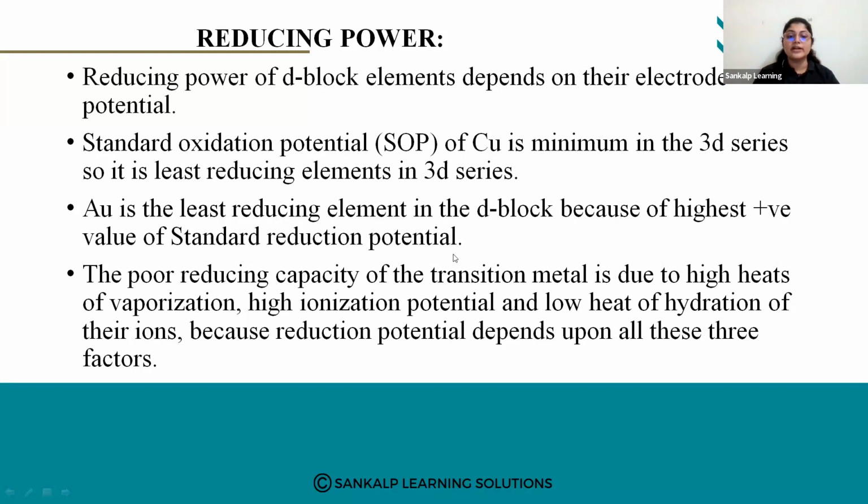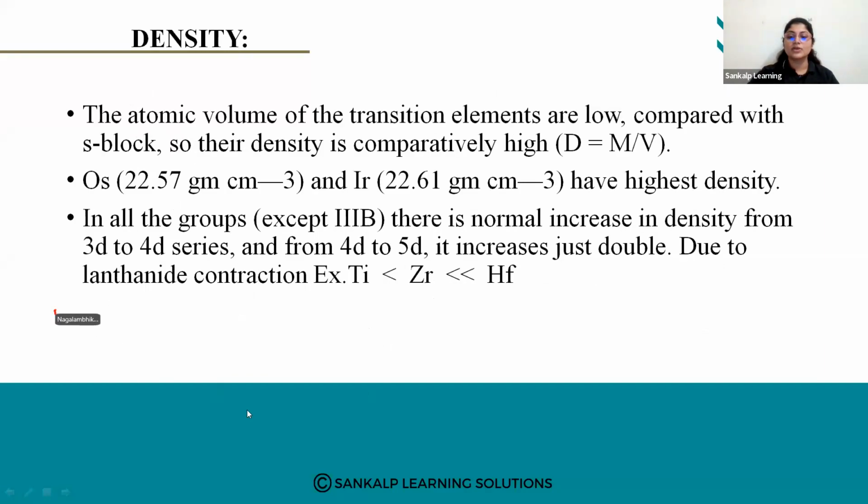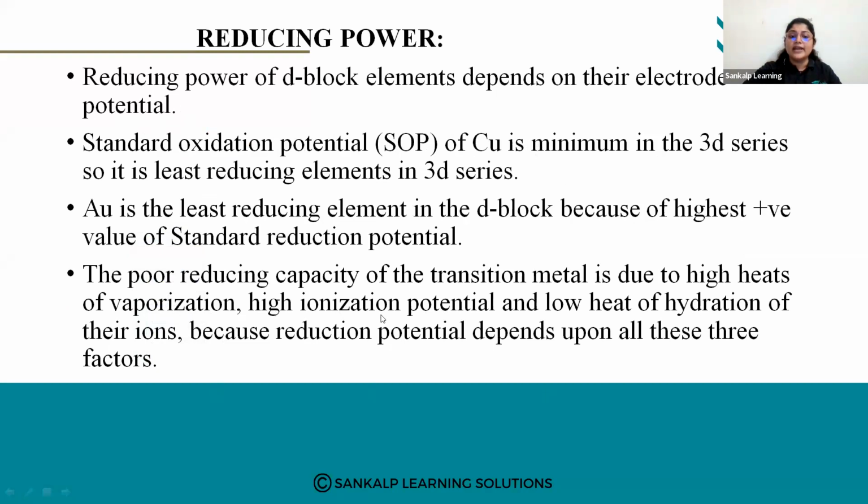The poor reducing capacity of the transition metals is due to high heat of vaporization. Then high ionization potential. What is ionization potential? It is the energy required to remove the last electron from an isolated element.